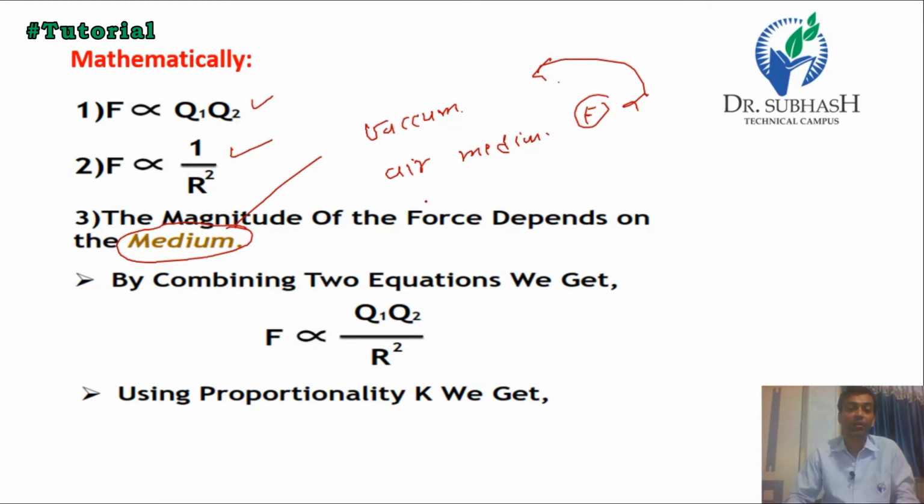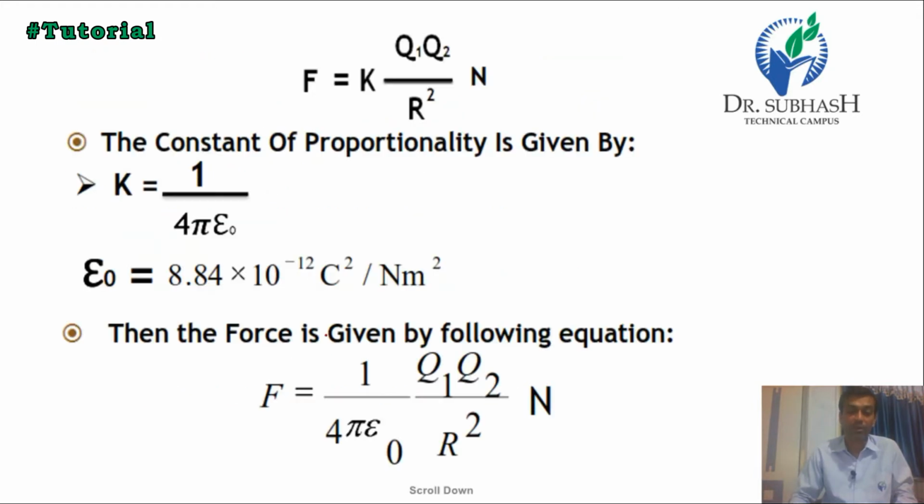By combining these two relations, we get force proportional to Q1 Q2 upon r square. If we remove the proportionality, we add the proportionality constant K, so F is equal to K Q1 Q2 upon r square Newton.